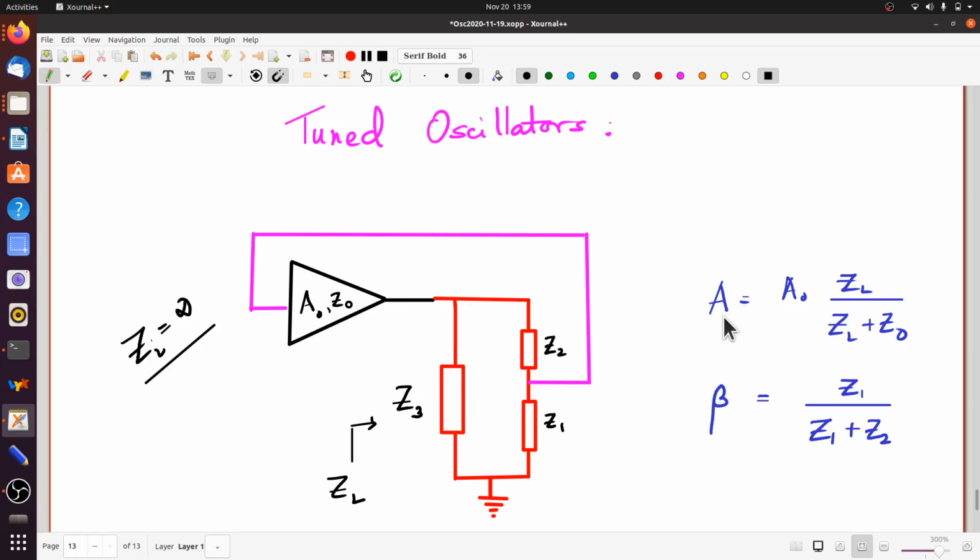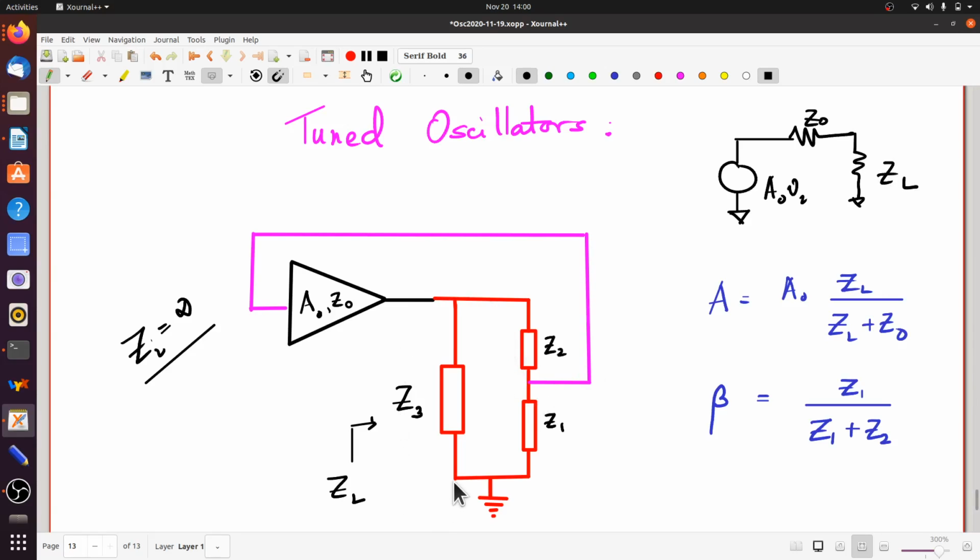So what is the actual gain of the circuit? The actual gain of the circuit is not A0, because remember, from the output side, the amplifier essentially looks like A0 times VI in series with the ZO, and you have this whole combination, which I'm calling ZL for the time being, connected here.